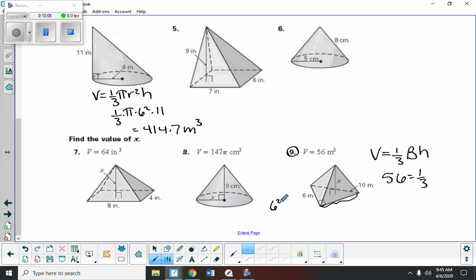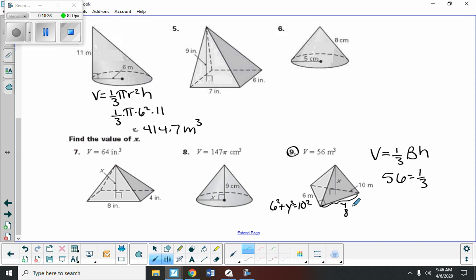So 6 squared plus, we'll call this a y, y squared equals 10 squared. And when you work that out, I think that's going to be 8. Yep, that's 8.